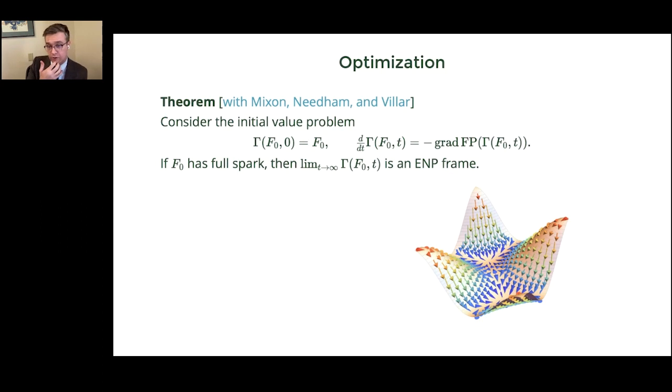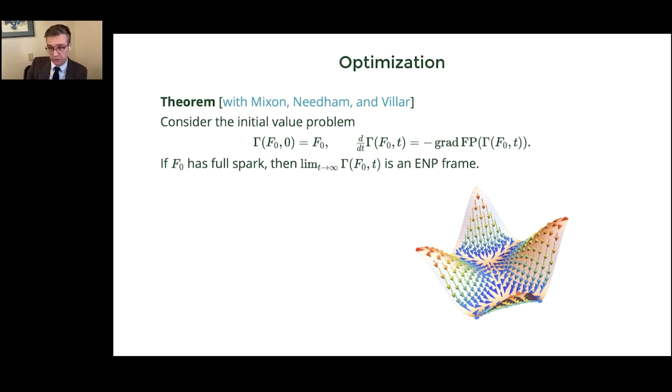And then what we were able to prove was to soup this up a little bit and show that if you do negative gradient flow starting from any full spark frame, and again, remember, full spark is a full measure condition, so not being full spark is a measure 0 condition, you will end up at an equal norm Parseval frame.